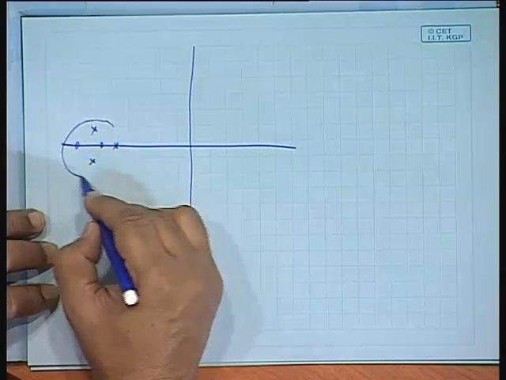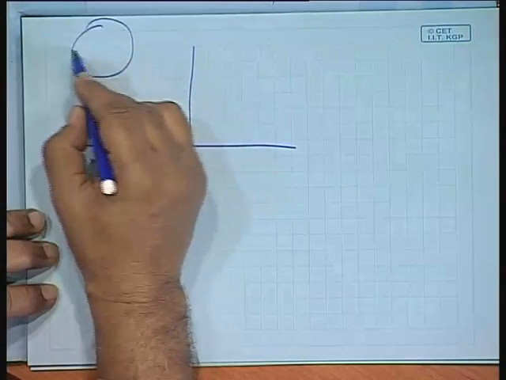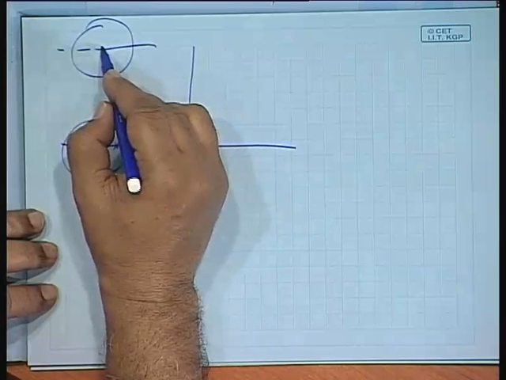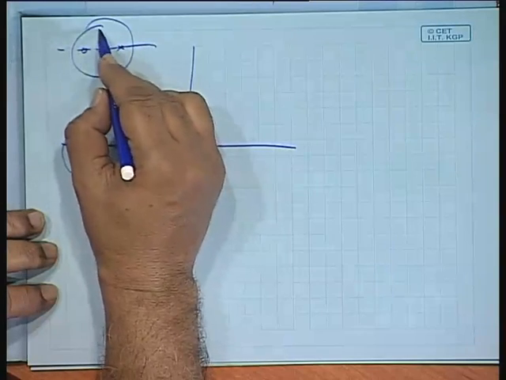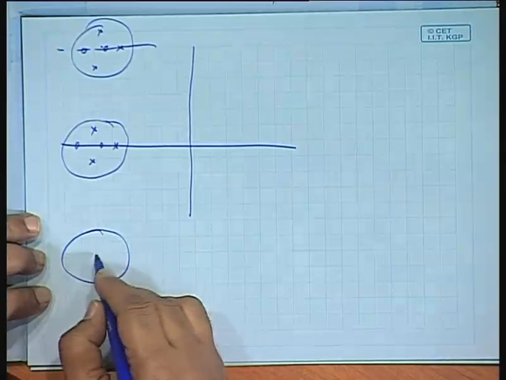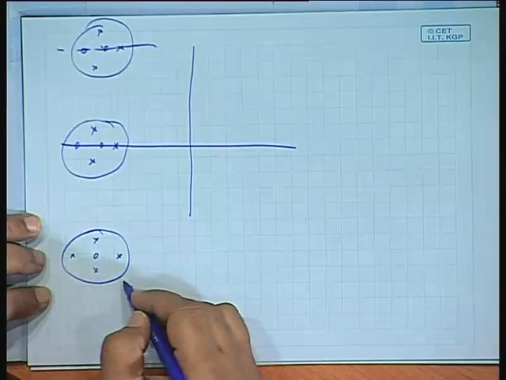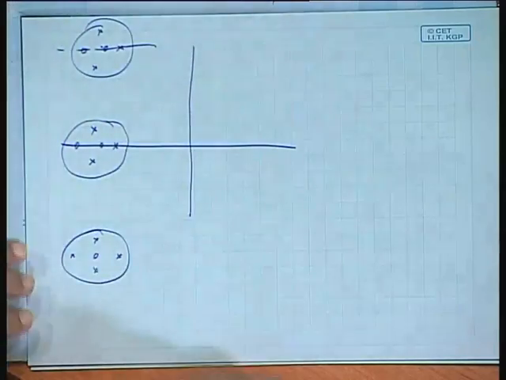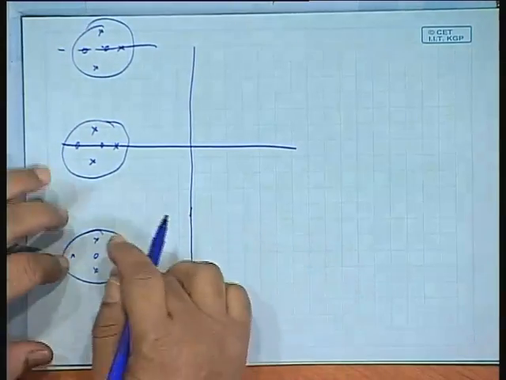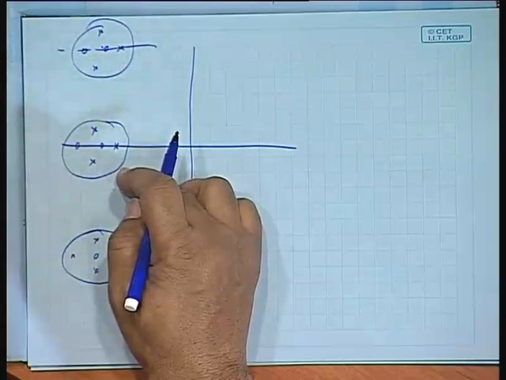This entire cluster will keep on repeating an infinite number of times. These will be the poles and zeros of the sampled function.